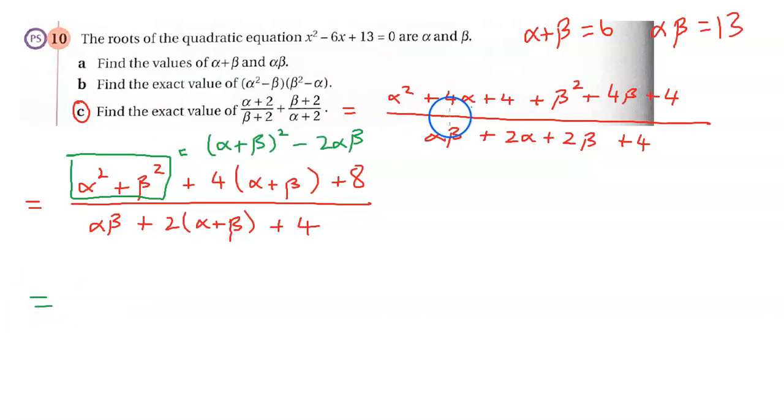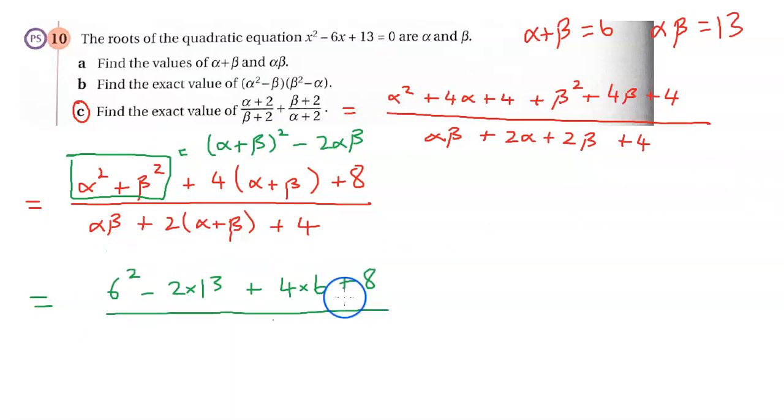So the whole thing is alpha plus beta squared, so 6 squared minus 2 times alpha beta, so minus 2 times 13, plus 4 times alpha plus beta, so 4 times 6, plus 8, and the whole thing divided by alpha times beta, 13, plus 2 times 6, plus 4. And calculating that should give us 42 over 29.